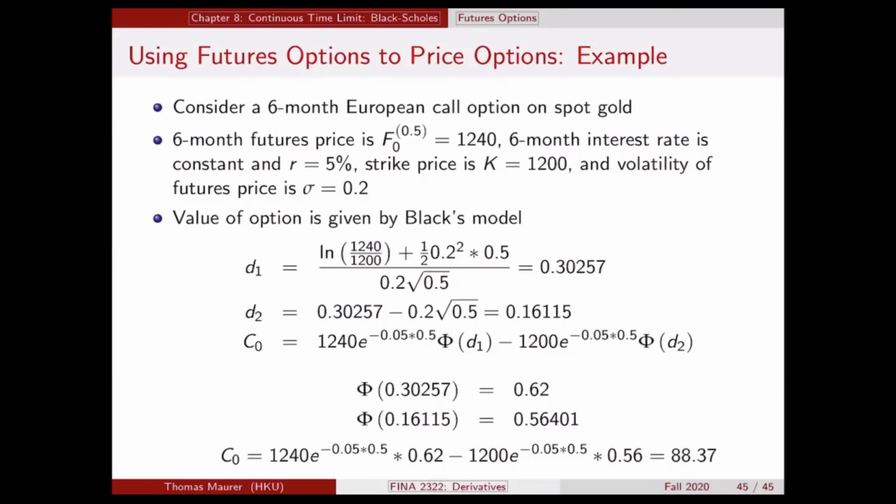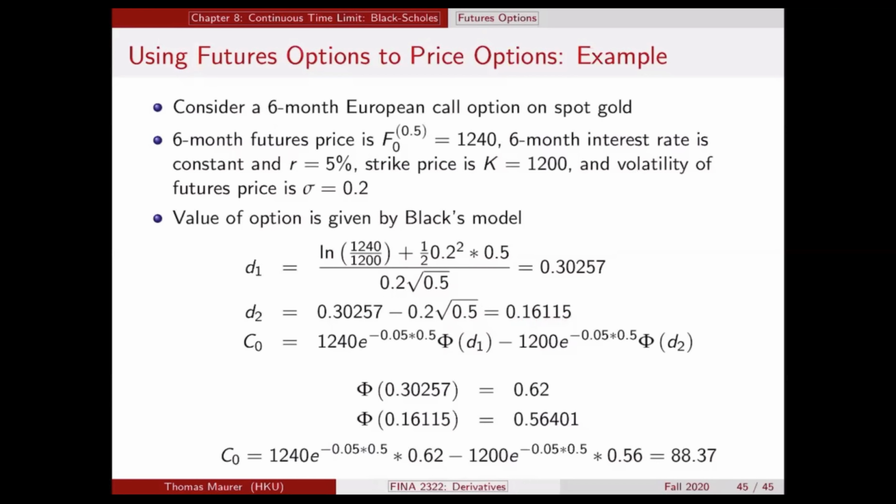Well, to get the threshold value D1, we take the natural logarithm of the futures price, $1,240, divided by the strike price, $1,200, plus 1/2 the variance, so 20% squared times the 6 months left to maturity, divided by the 20% standard deviation times the square root of 6 months to maturity. That gives you a threshold value of 0.3025. D2 is then just D1 minus the 20% volatility times the square root of time left to maturity, 6 months. That's equal to 0.16115.